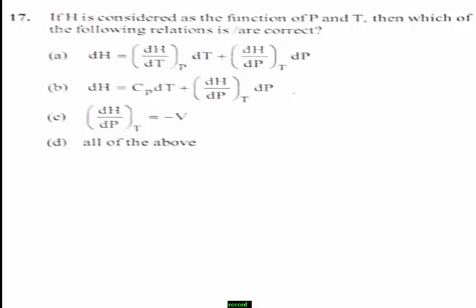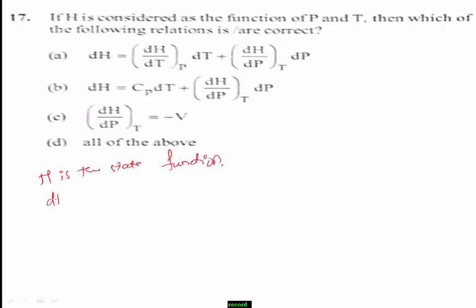Students, remember, H is a state function. It is one of the state functions.